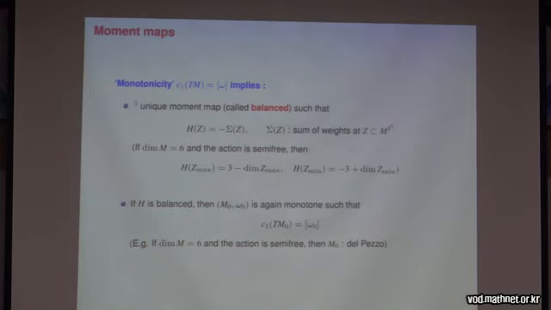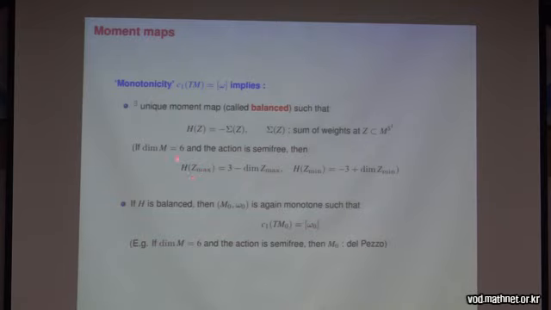So for instance, let me give an example. If the dimension is 6, and the action is semi-free, and suppose that the maximum is an isolated fixed point, then at the maximum, the weights are -1, -1, -1. So the sum sigma of Z max is -3.